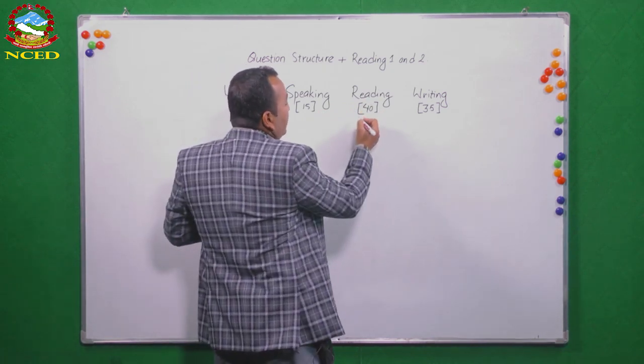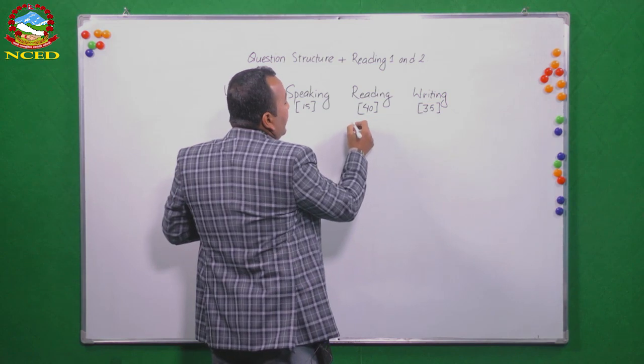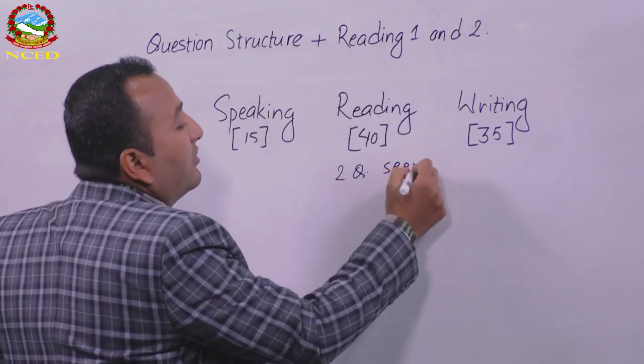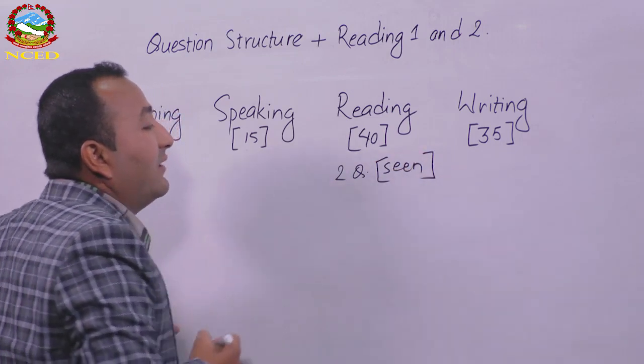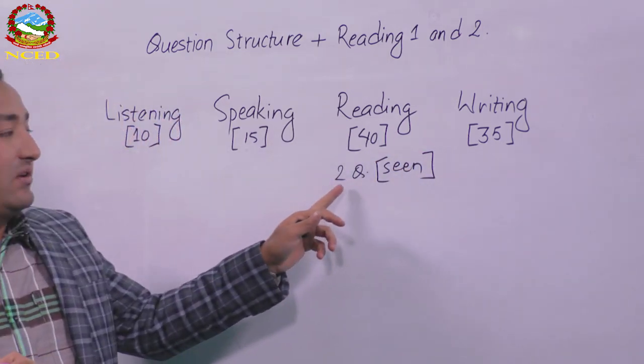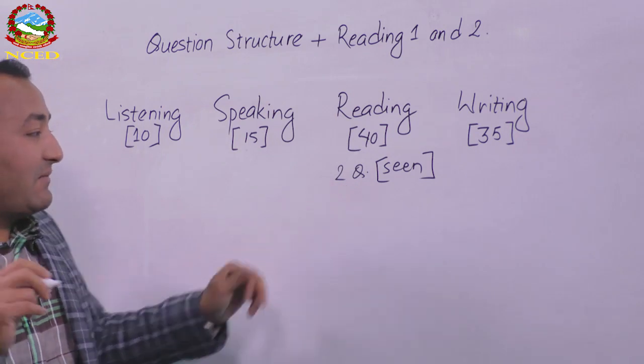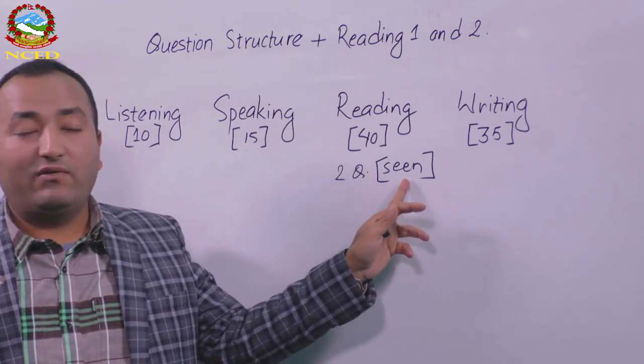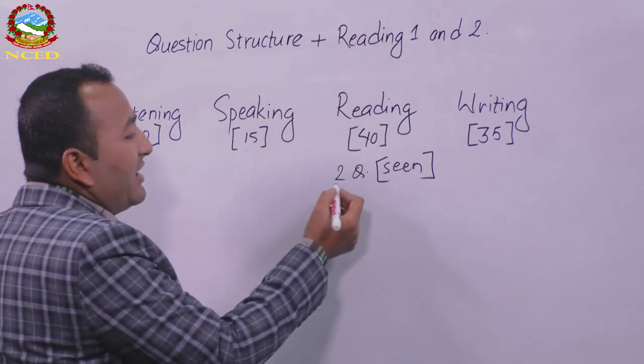Firstly, there will be two questions from what? Two questions from the book, what we call seen passages, seen texts. Question number 1 and question number 2 will be from your textbook.